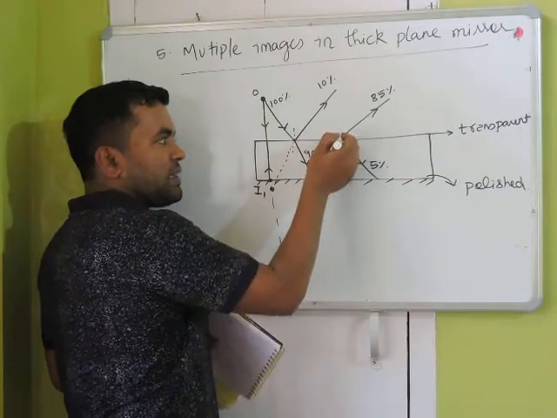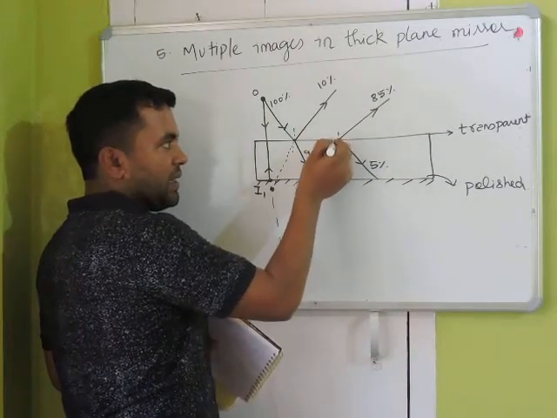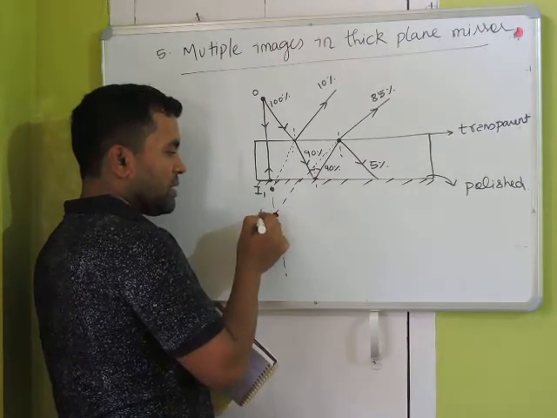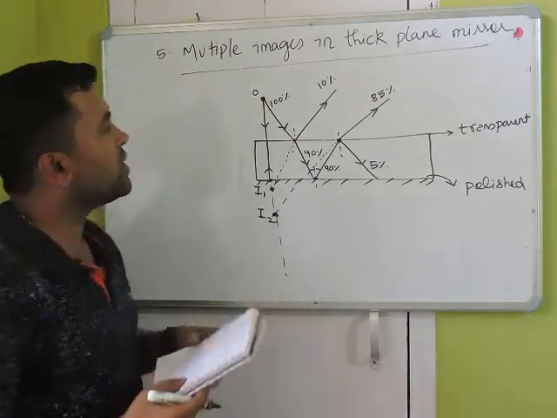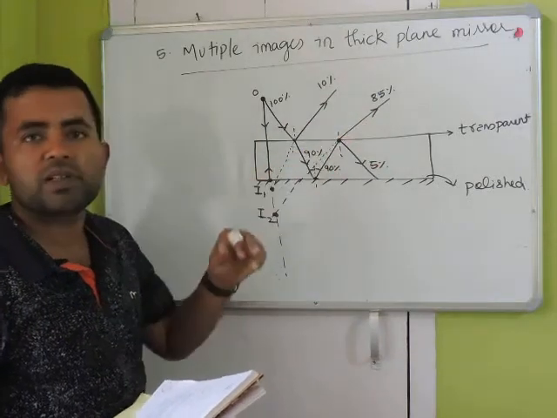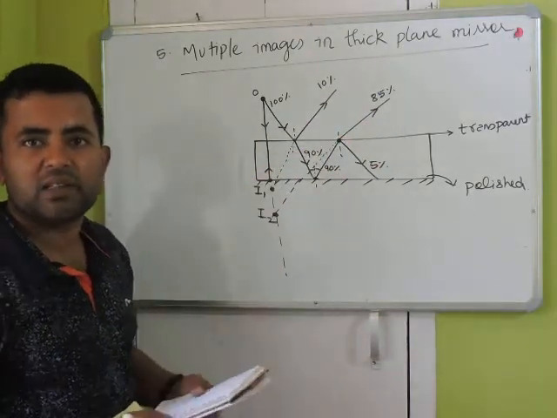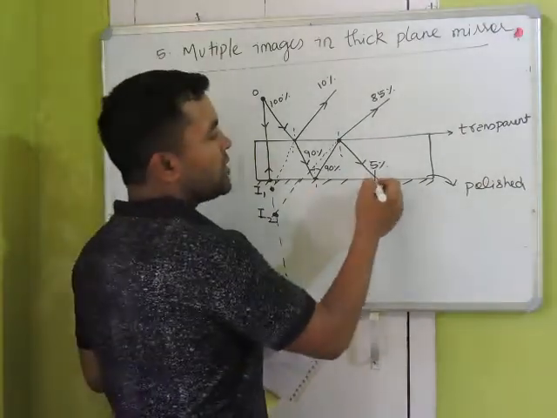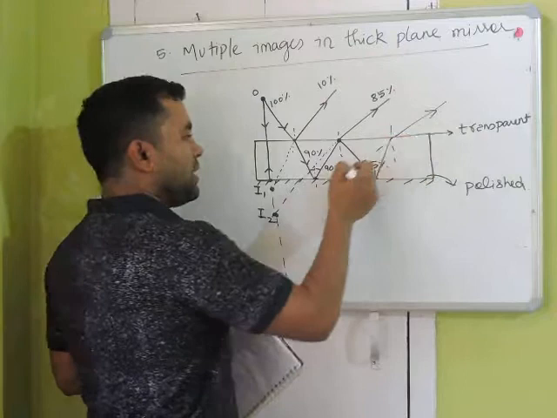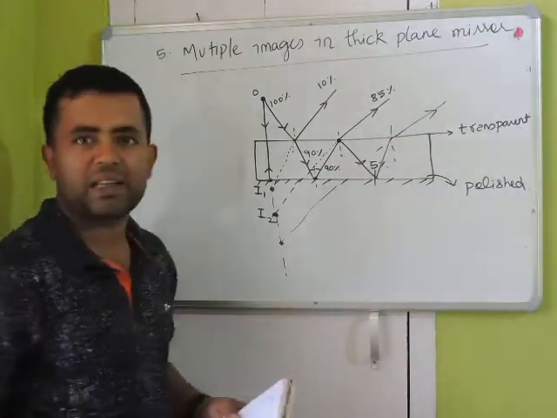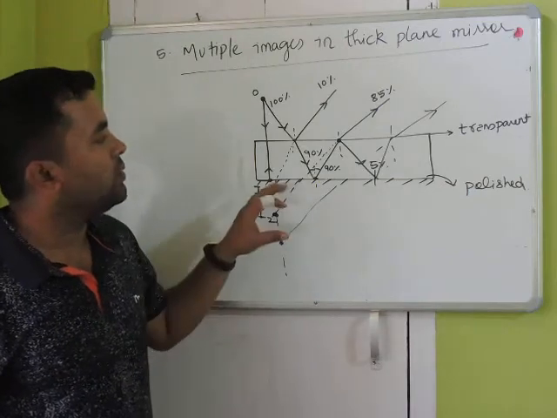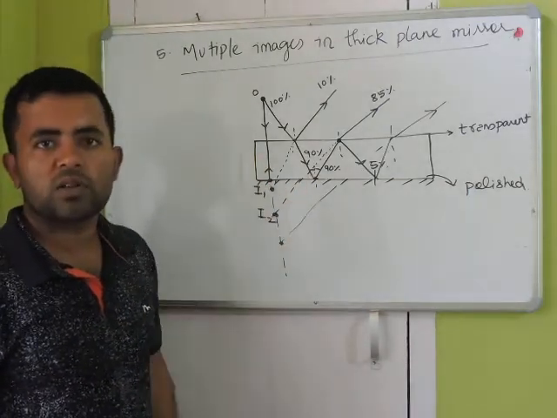Now if you extend this light, this is image 2. Image 1 is formed due to 10%, image 2 is formed due to 85%. So the second image is the brightest. If you track down this also, you will find that the third image is formed due to very little light. So this is the last topic. Let me know whether you guys followed this or not. Thank you.